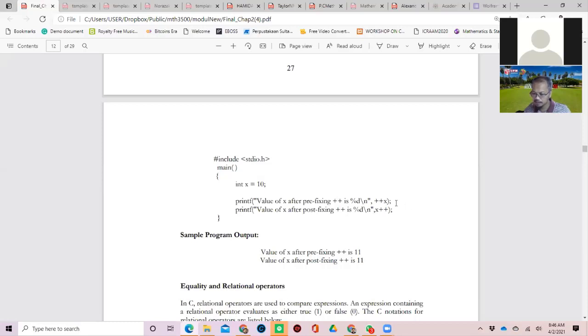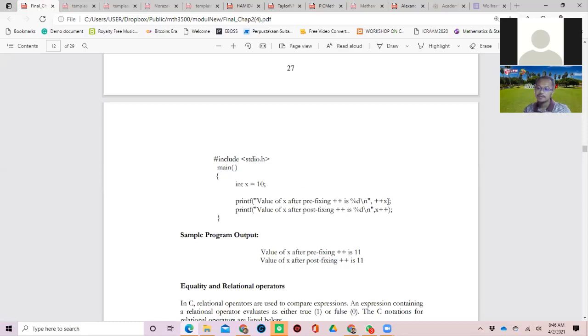The x value in here, what is the value of x here? 11, right? That is why when I see plus plus, I say you need to consider two values: the value for plus x and the value for x. So here the value of x is 11.